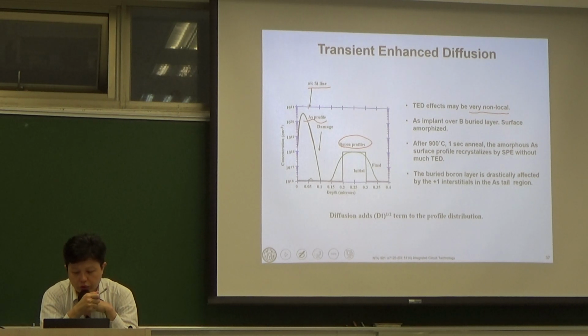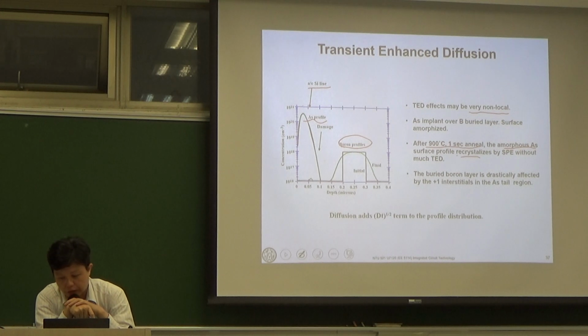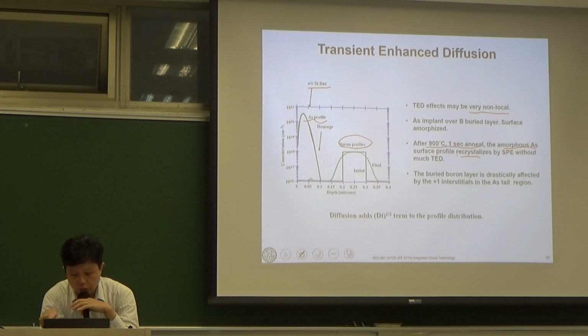Then when we do this annealing, let's say 900 degrees C for 1 second, we can make this amorphous arsenic surface profile recrystallize by solid phase epitaxy without much TED.